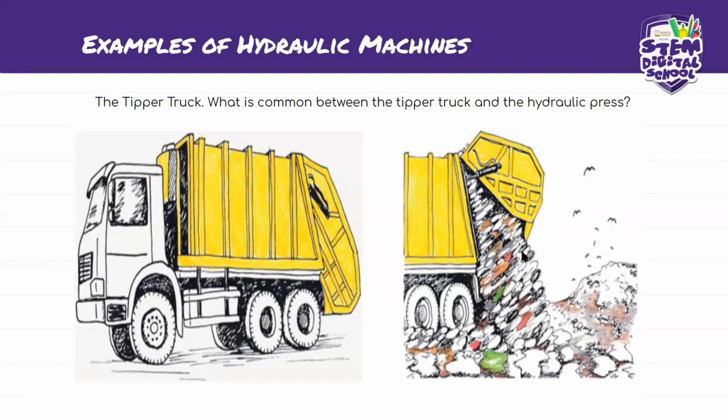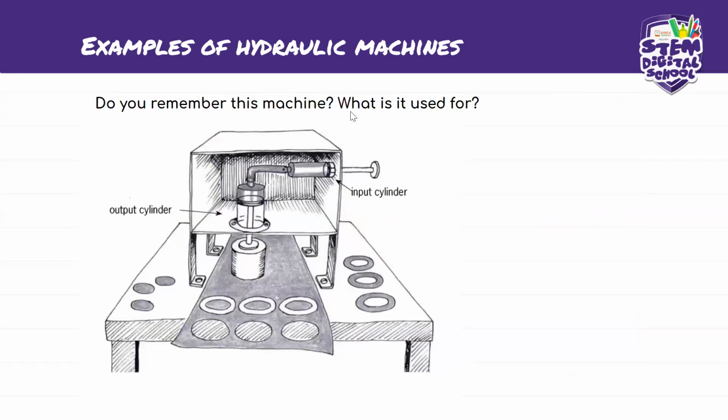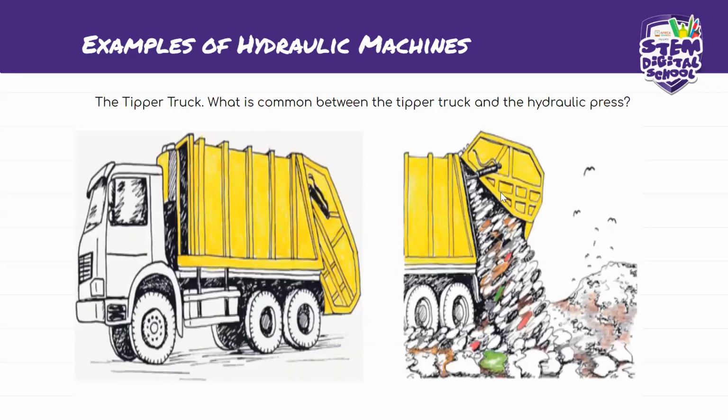So this machine that you see here, the compressor, the press is inside the tipper truck. So inside the tipper truck, there is a hydraulic press. What is the function of the hydraulic press that you find inside the tipper truck?